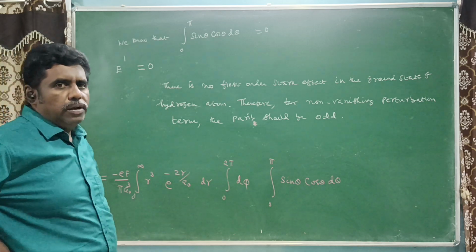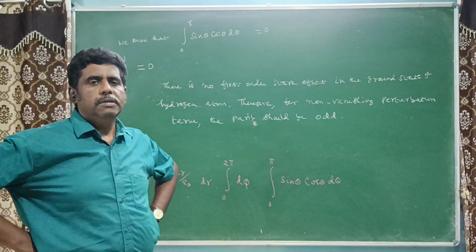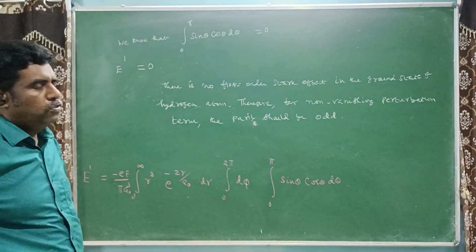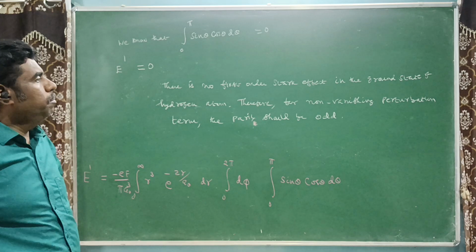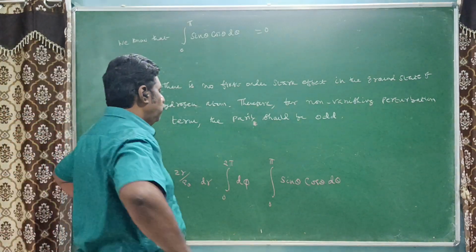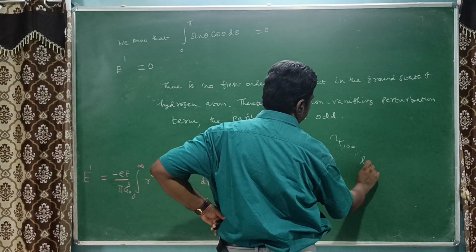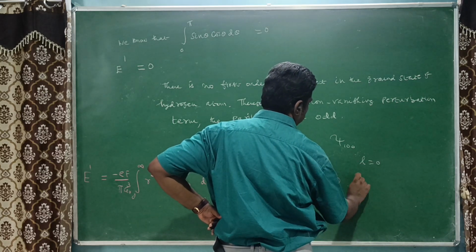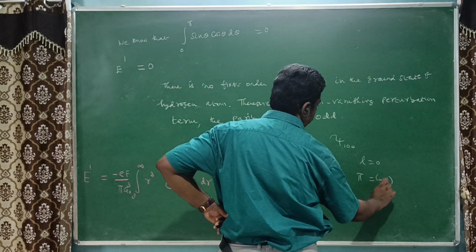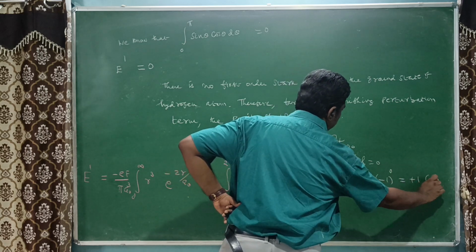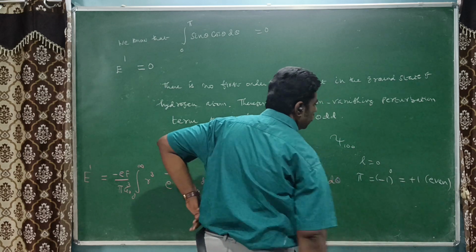If n is equal to 1, we would expect the Stark effect. We would expect the splitting. This is due to the even parity. In the case of ground state, that is psi 1 0 0, the value of L is equal to 0, then parity minus 1 power 0 equal to plus 1. The parity is even.